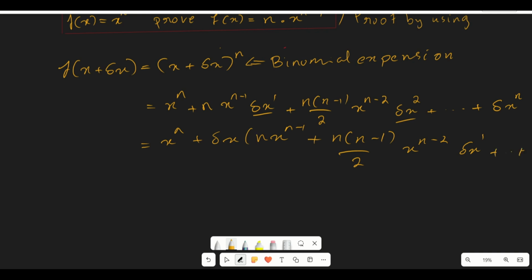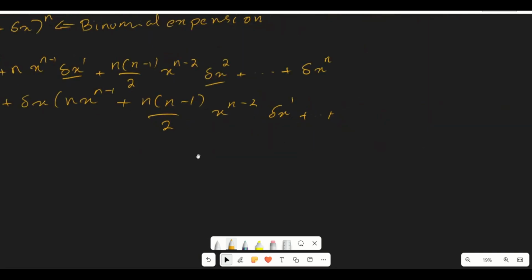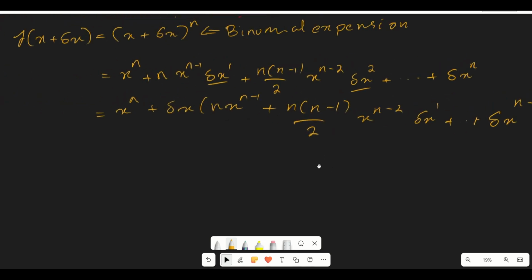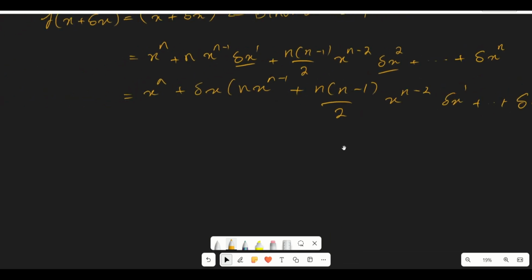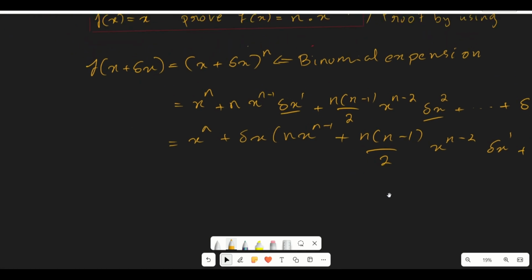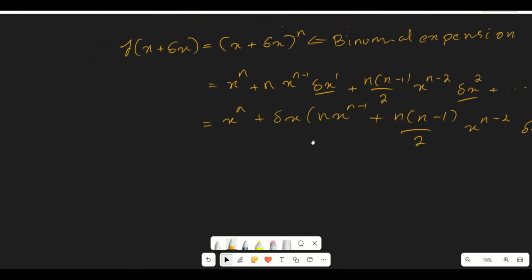And in the last term we will only have delta x power n minus 1, because one of the delta x is factored out, so we will have one less than the original value.